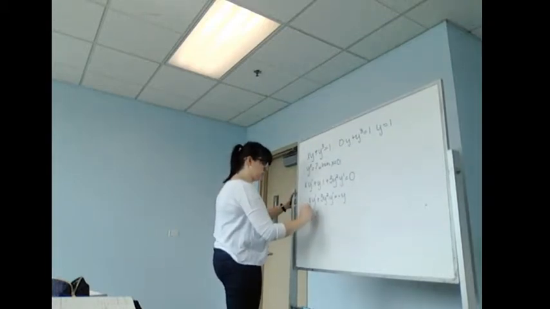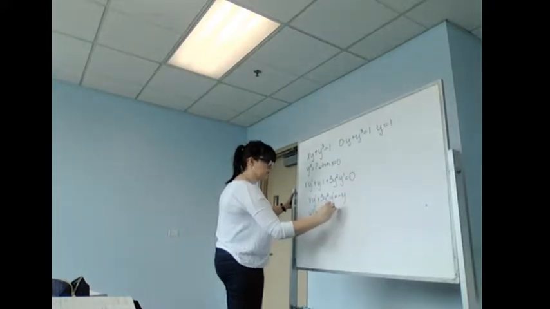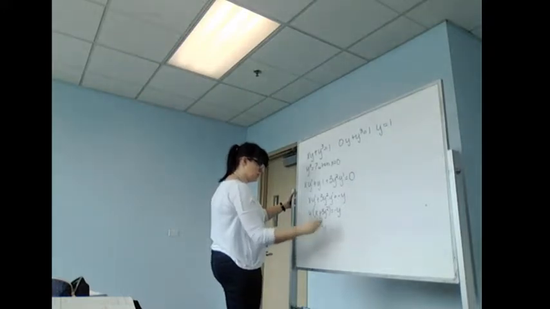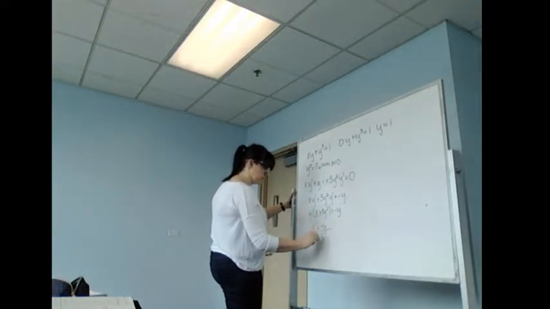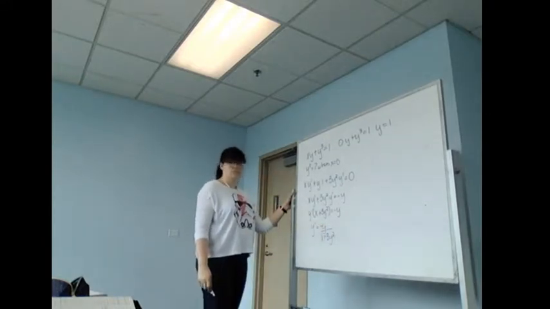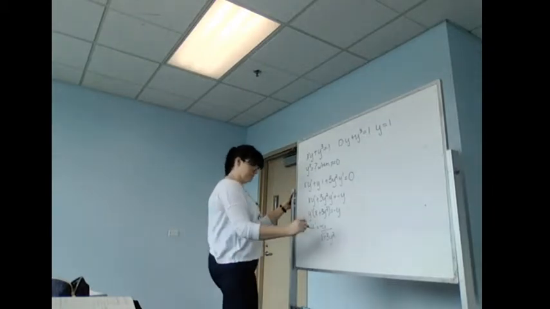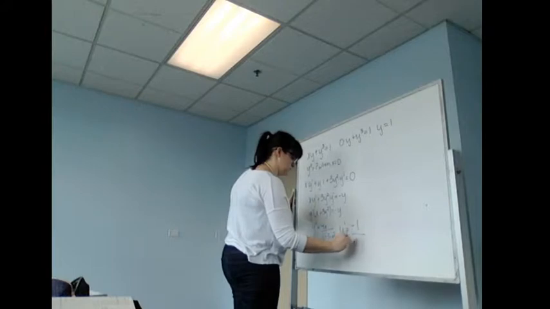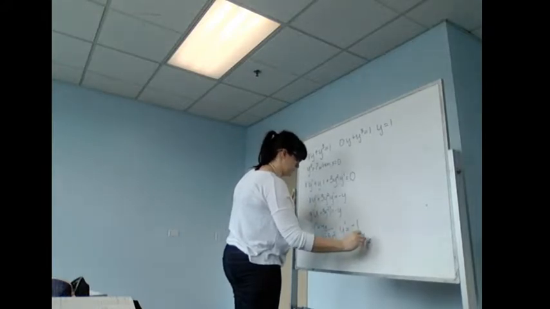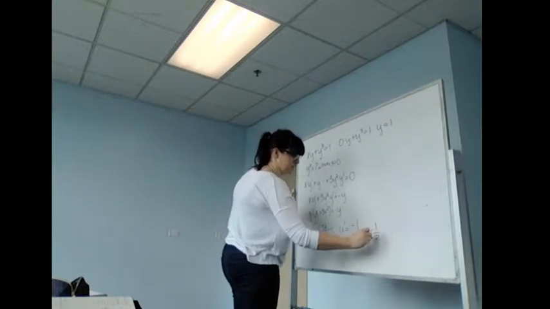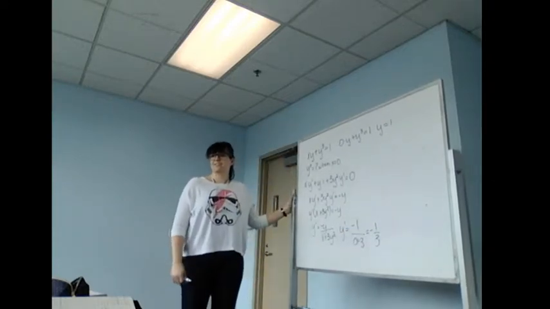Y prime times x plus 3y squared equals negative y. Y prime equals negative y divided by x plus 3y squared. Y prime equals negative 1 over 0 plus 3 times 1, which is 3. So y prime equals negative 1/3.